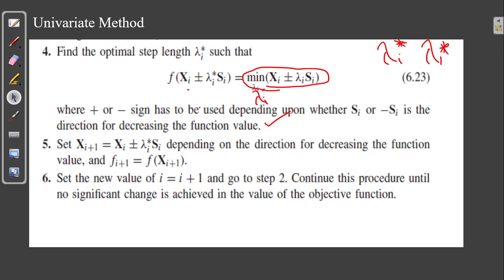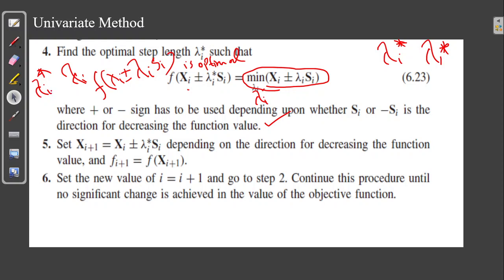That means you have to choose a step length lambda I so that the function f of Xi plus or minus lambda I Si is minimum, or optimal. So that lambda I will be lambda I star.